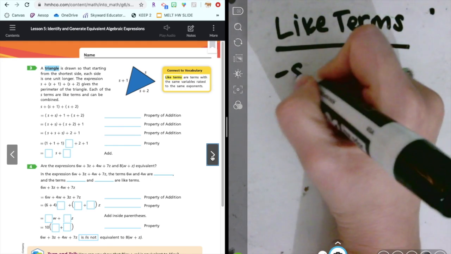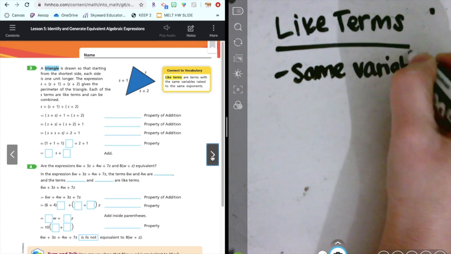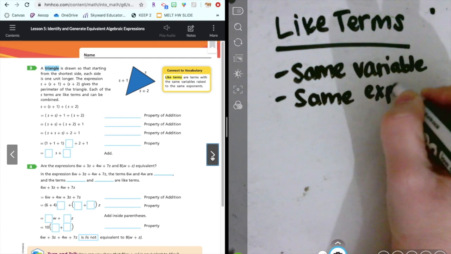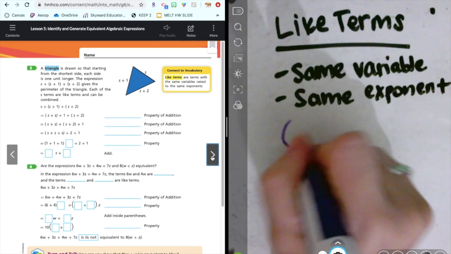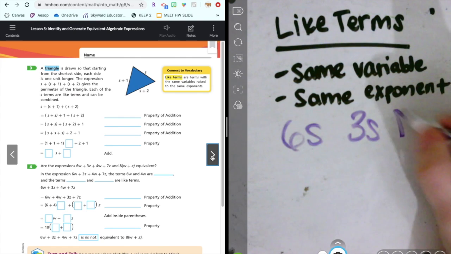Like terms must have the same variable and the same exponent. So 6s and 3s are like terms.